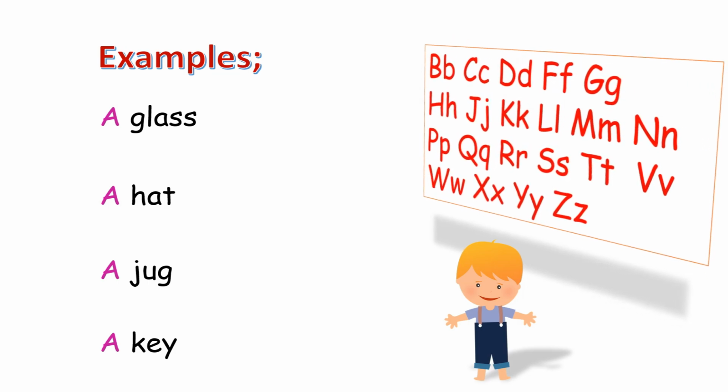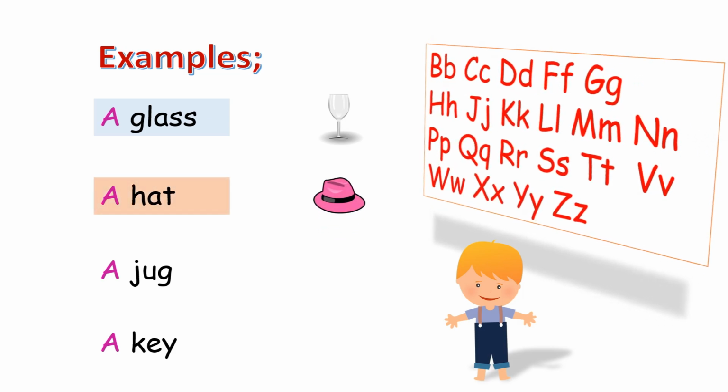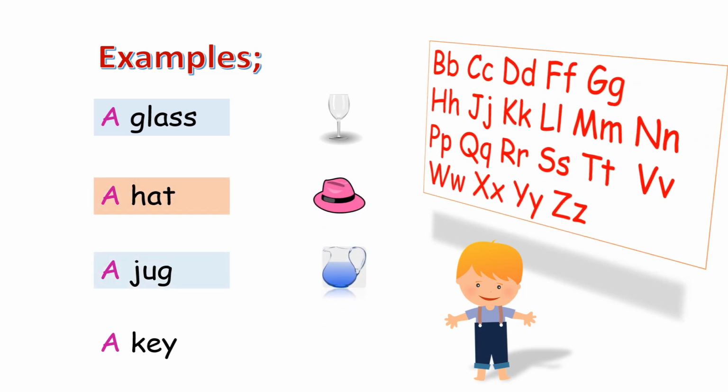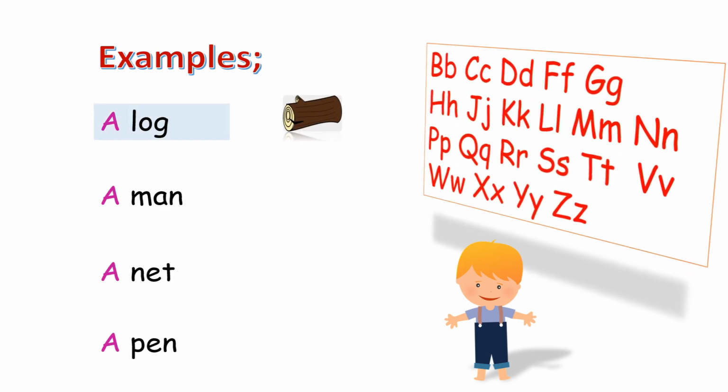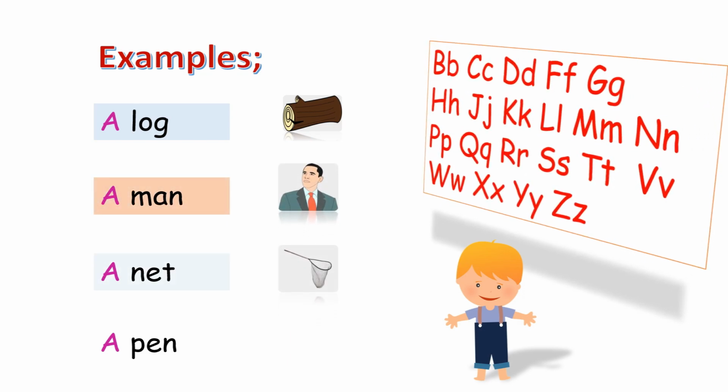A glass, a hat, a jug, a key. And more words to read. A log, a man, a net, a pen.